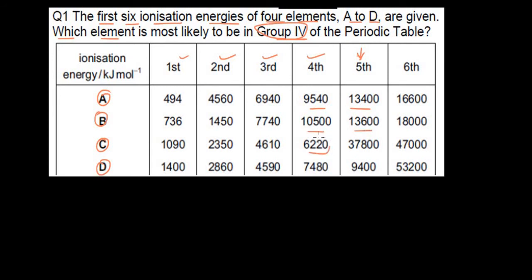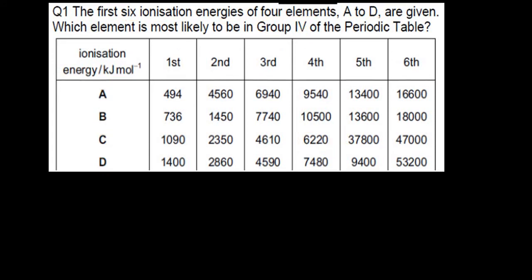But for element C, the increase in the 5th ionization energy is much higher compared to the 4th. So our answer should be C, because an element in group 4 should have a very big difference in the ionization energy between 4th and 5th.